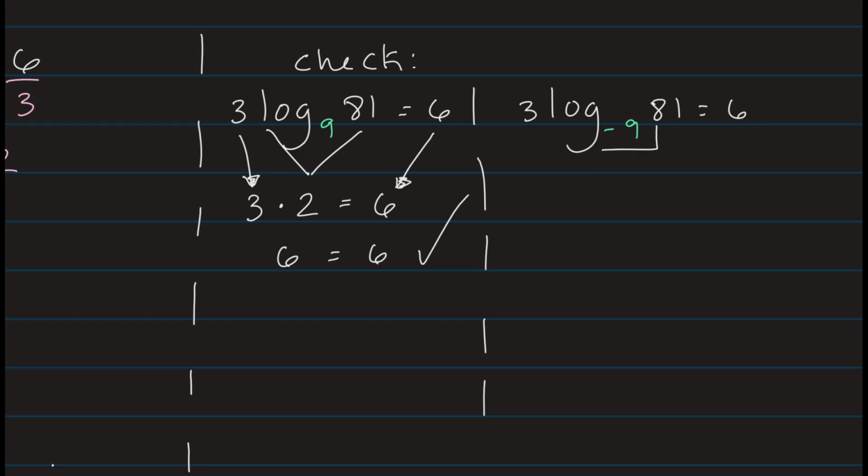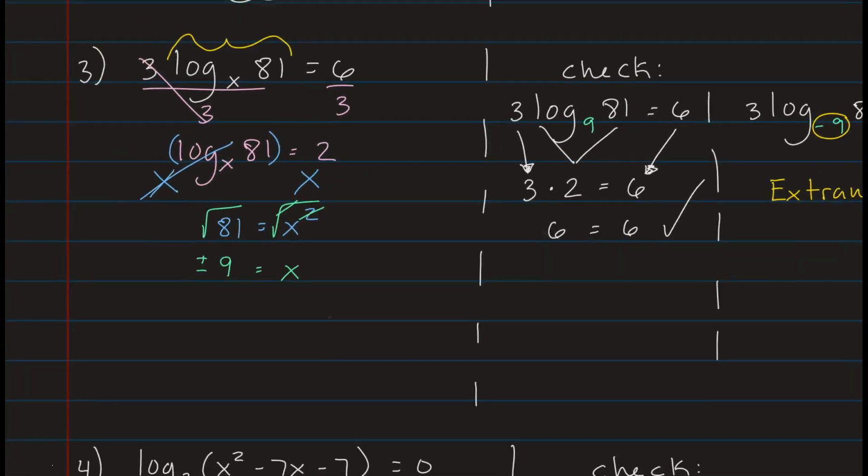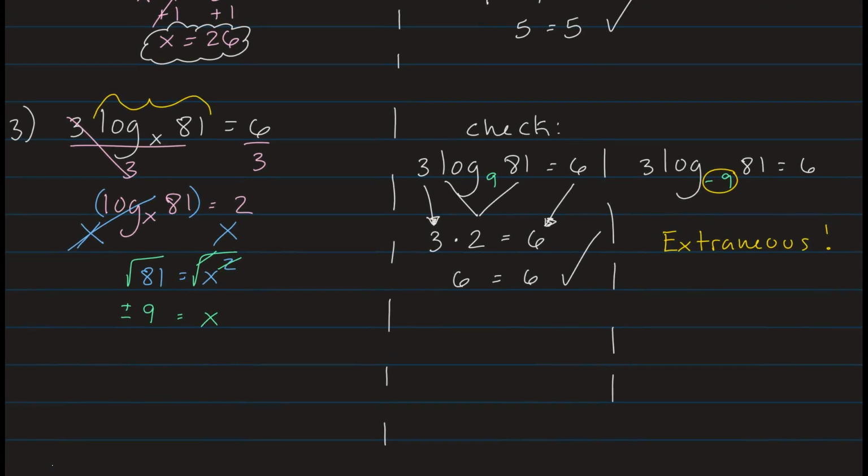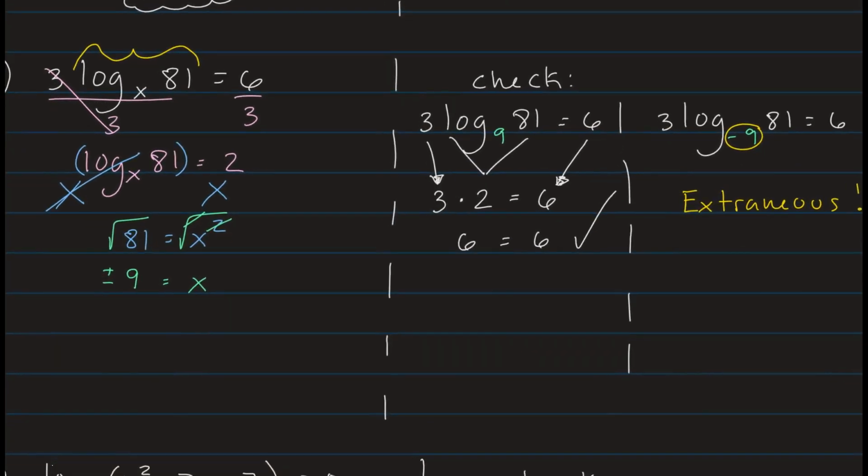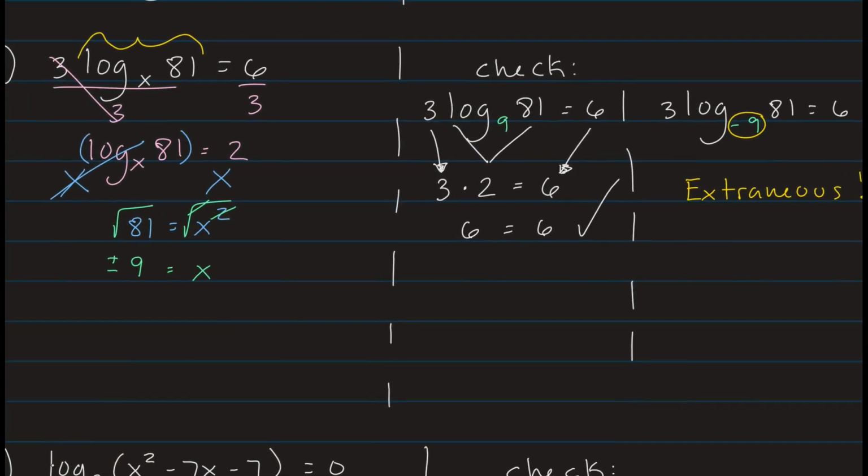So right now this negative 9 here in our base cannot happen, meaning this negative 9 solution does not exist. It is extraneous. This is exactly why we check our answers, because here the only solution that can be circled is positive 9.